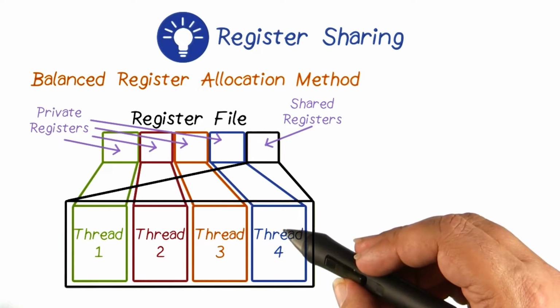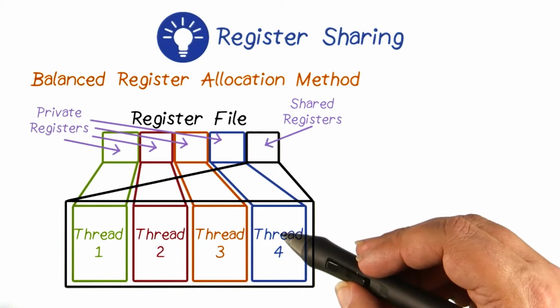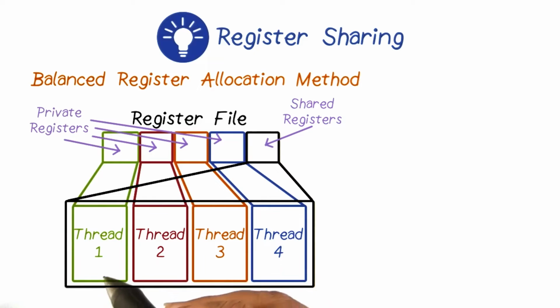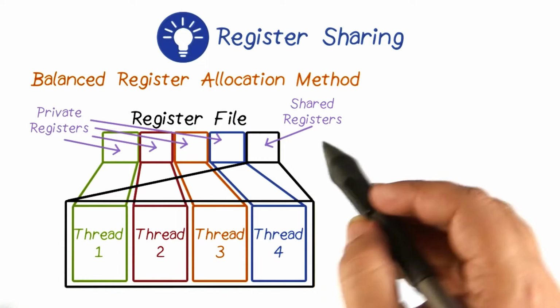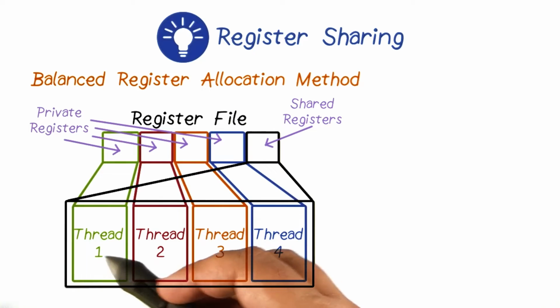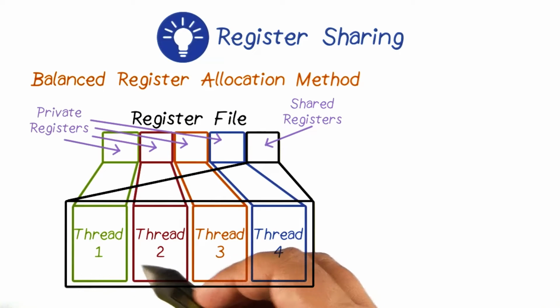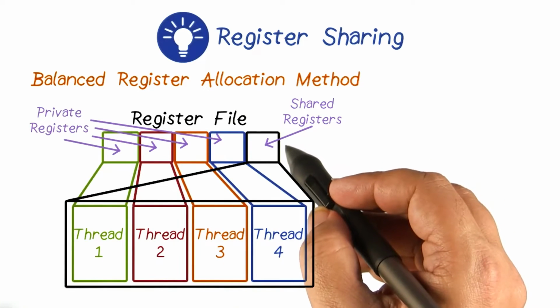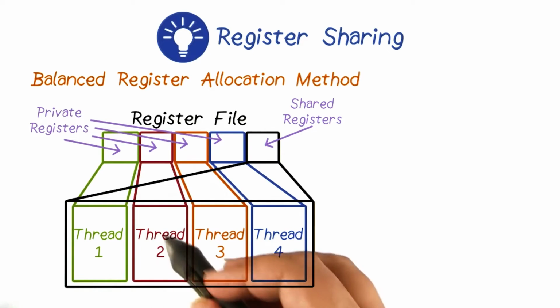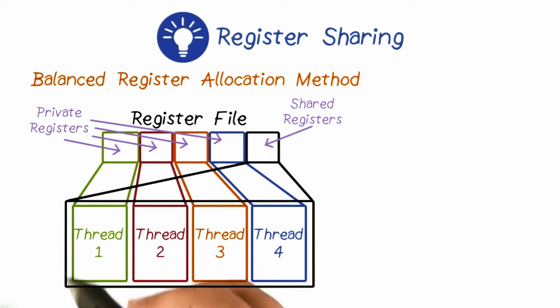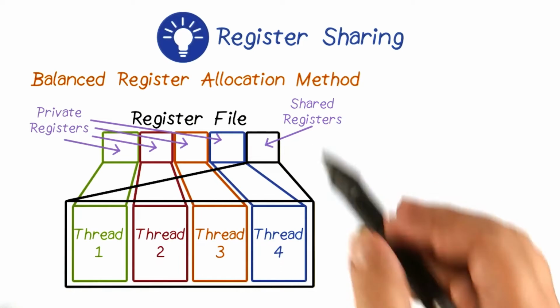And this pool of shared registers is what we could allocate to all the threads to share and use. But then it is up to us to manage them well. In other words, when one thread that is using these shared registers is about to context switch to the other thread, we should save these registers, and therefore we should not cause any overwriting of these registers. And so their management is under compiler control.